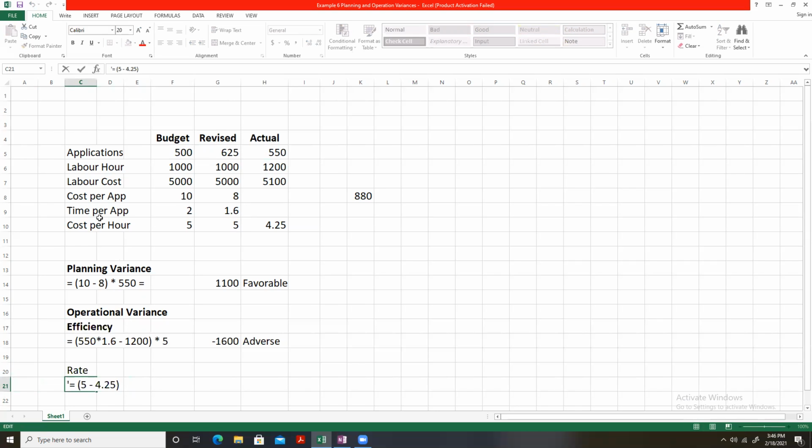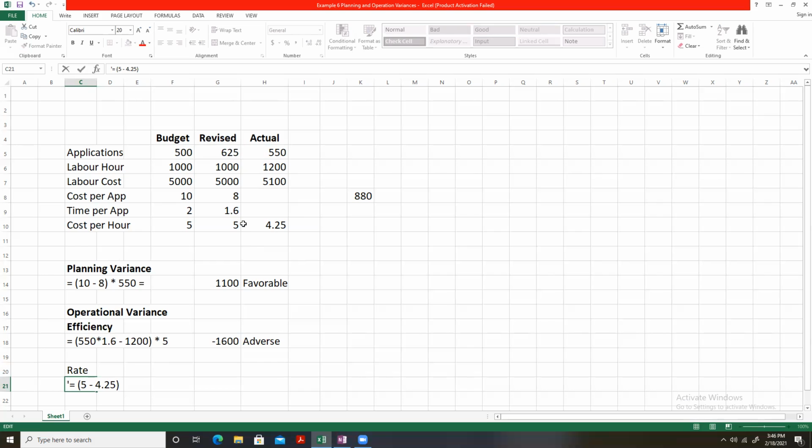You can see the difference between the two in the last row. The actual cost per hour is 4.25, but according to the revised standard, the cost should be $5 per hour.